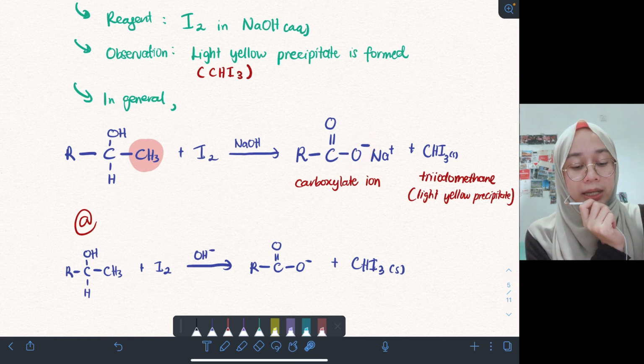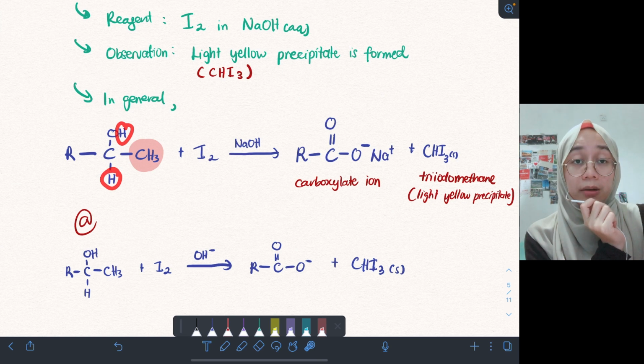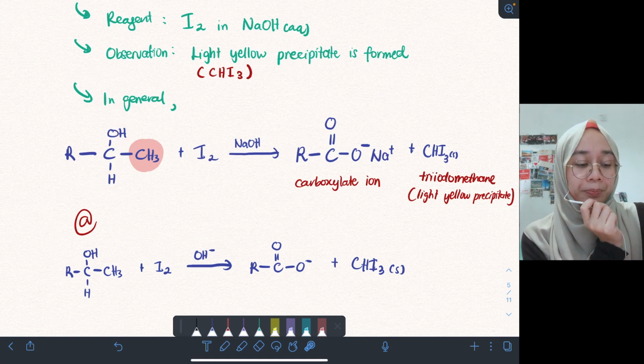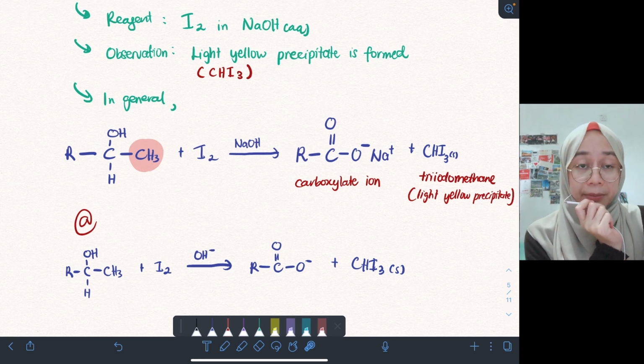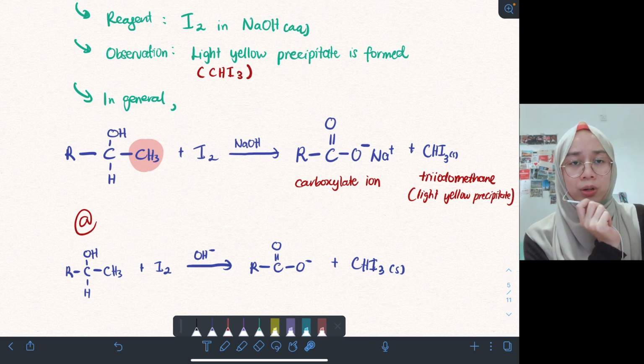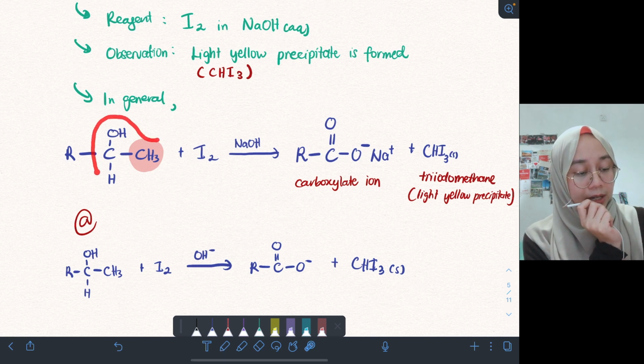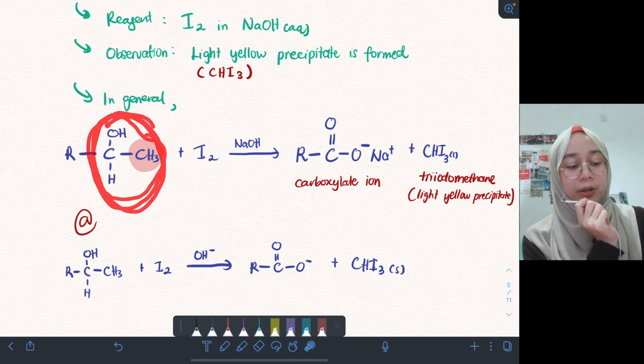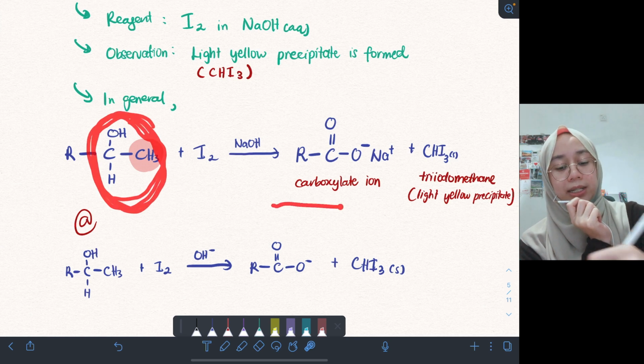Okay, and then kenapa tinggal double bond O kat sini? Sebab H kat sini hilang because of the oxidation part. Okay, so just to double check balik lah, betulkah ada methyl carbinol dekat sini? Yes, ada, because kita ada bahagian CH3 and then kita ada OH, and then dekat carbon ni ada H, therefore ada methyl carbinol. So bila ada methyl carbinol group, bolehlah berlaku reaction ni.